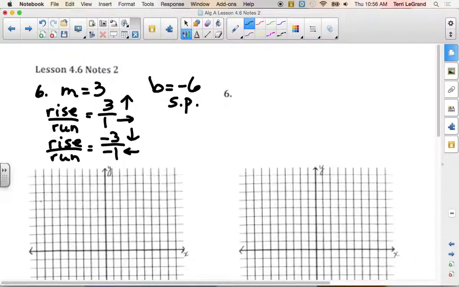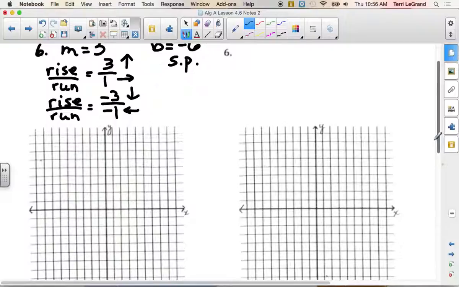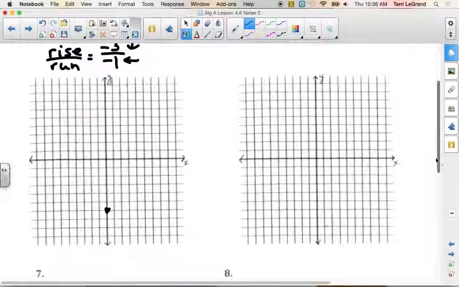Okay, so let's go to our graph. And let's start at negative 6 on the y-axis. And let's use our 2 rise over runs to make 2 more points. Use your ruler as a straight edge to draw the line.